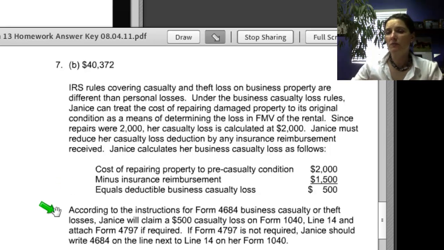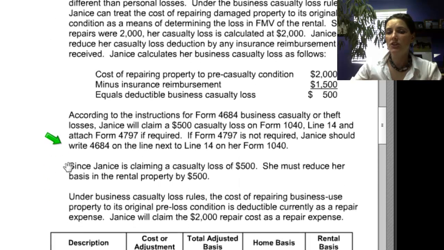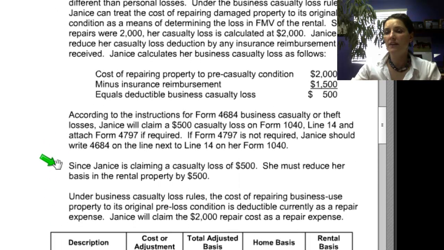According to the instructions for Form 4684, business casualty or theft losses, Janice will calculate a $500 casualty loss on Form 1040 and claim that loss on line 14 and attach a Form 4797 if it is required. If Form 4797 is not required, Janice should write 4684 on the line next to line 14 on her Form 1040. Now, since Janice is claiming a casualty loss of $500, she must reduce her basis in the rental property by $500.